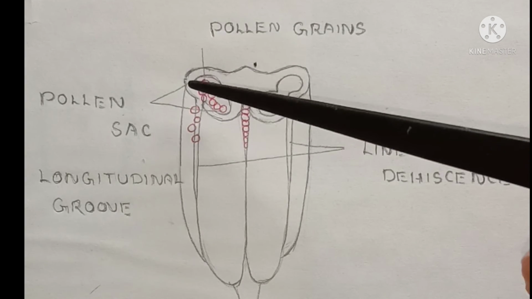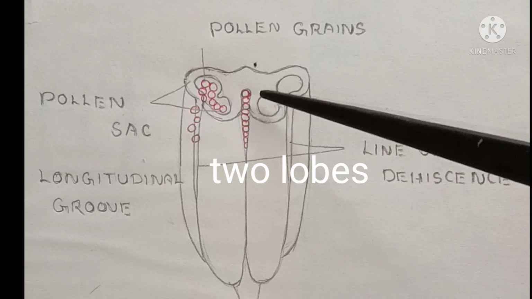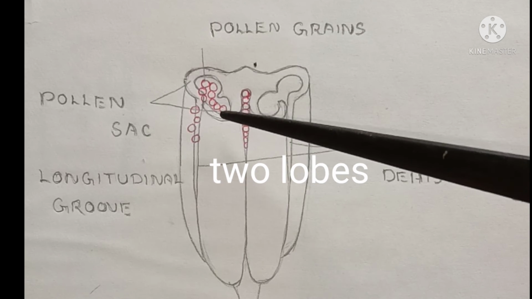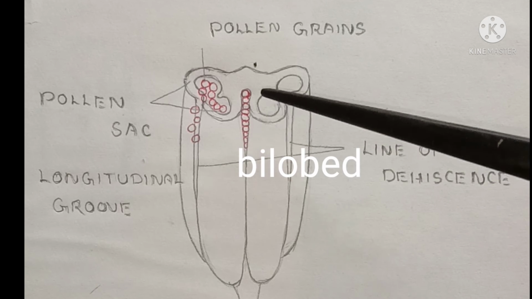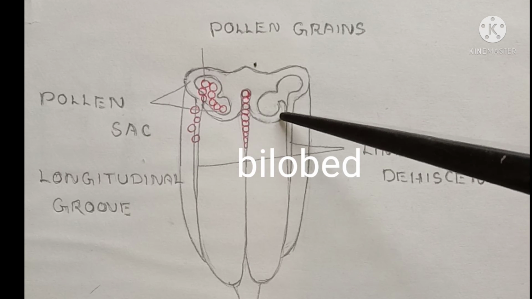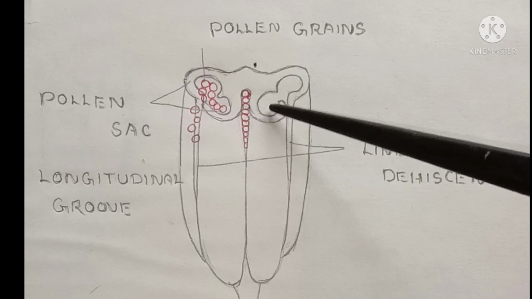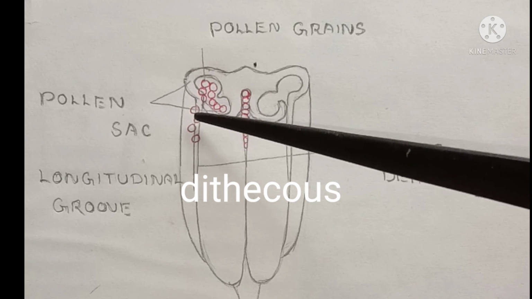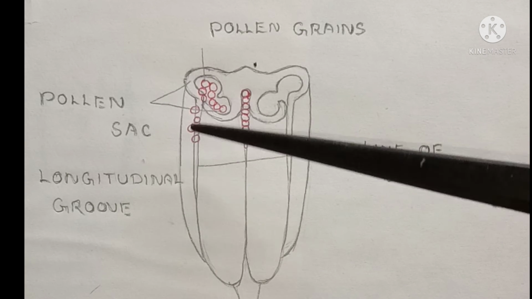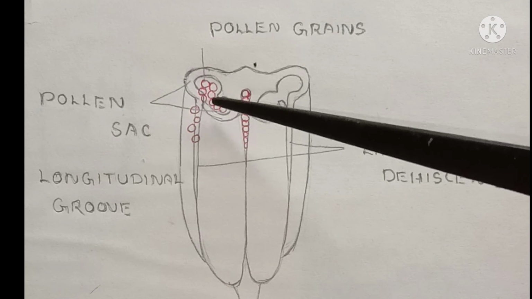This is one lobe, and this is the second lobe. First lobe, second lobe. So there are two lobes. So it is bilobed. There are two theca. This is one theca, this is one theca. So in each lobe there are two thecas. So it is dithecous. There is a longitudinal groove that runs lengthwise and separates the two theca.